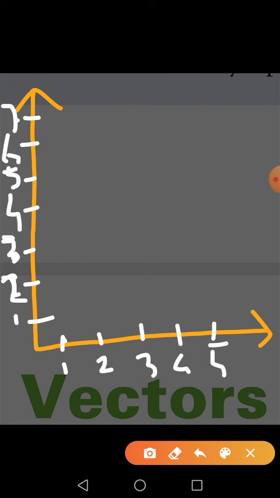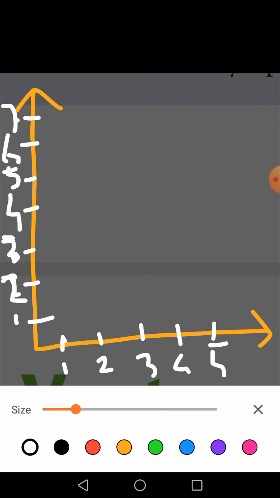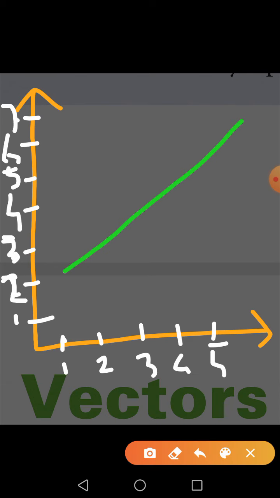Now, for example, you are given a line like, for example, your line is like this. Okay, it doesn't look like a line. So your line looks like this.